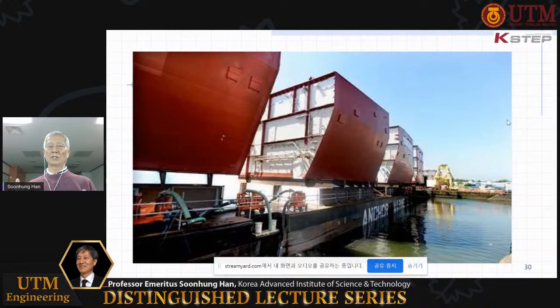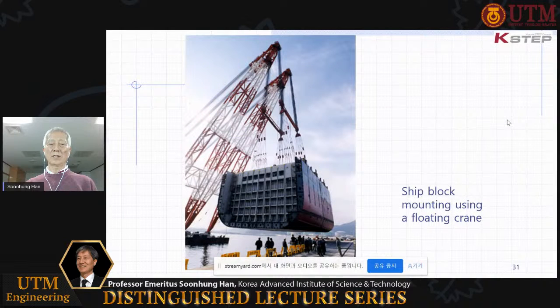They call this a block, B-L-O-C-K, and make blocks outside of the shipyard, and they assemble them inside the shipyard very fast. To make this fast, they need to handle these giant blocks of several thousand tons using a floating crane ship. They call it a floating crane barge, at the left-hand side.